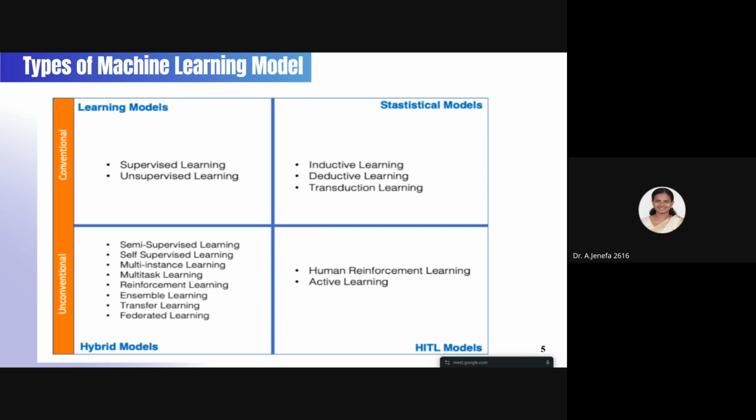Concerning HITL, it's a human kind of learning model. In the human learning model, we have 2 subtypes: human reinforcement learning and active learning. Concerning the hybrid models, we have semi-supervised learning, self-supervised learning, multi-instance, multitask, reinforcement learning, ensemble learning, transfer learning, and federated learning. Fine. So we are going to see the different learning models one by one.